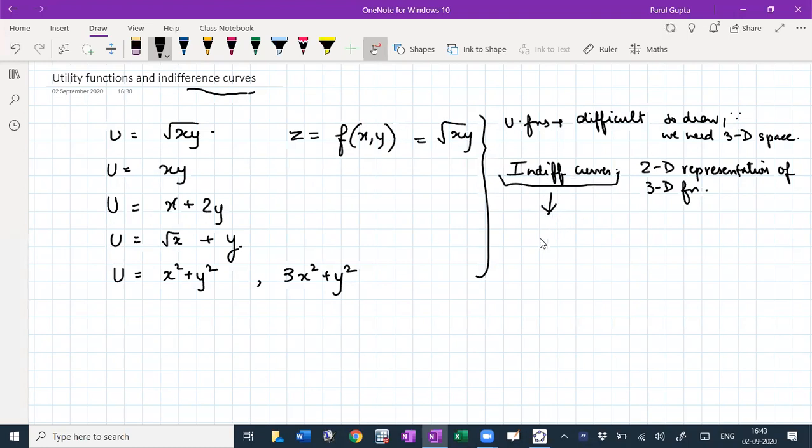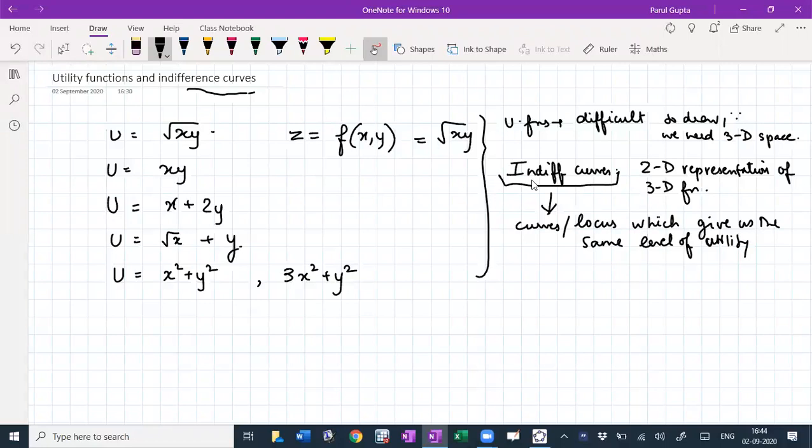First, to define them, indifference curves refer to curves or loci which give us the same level of utility corresponding to that particular utility function. All points on one indifference curve will have the same level of utility. Then the next indifference curve is going to have another level of utility, and so on and so forth.